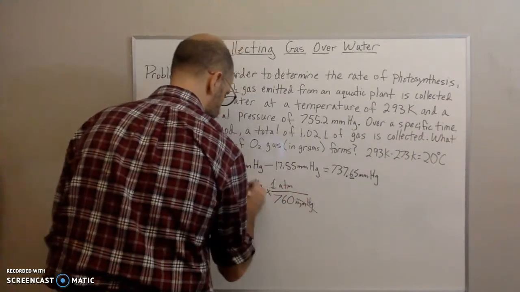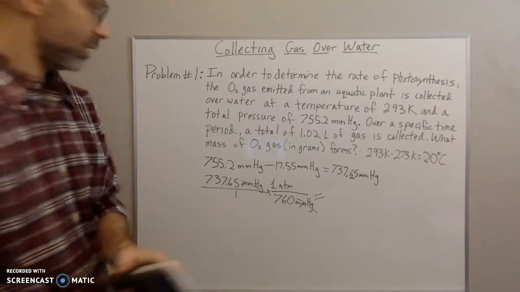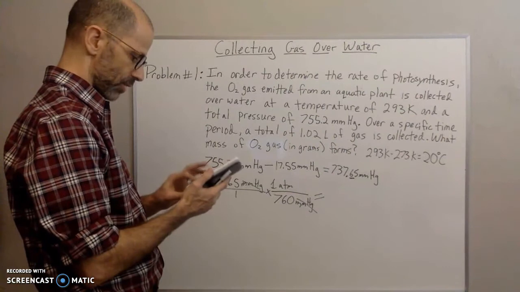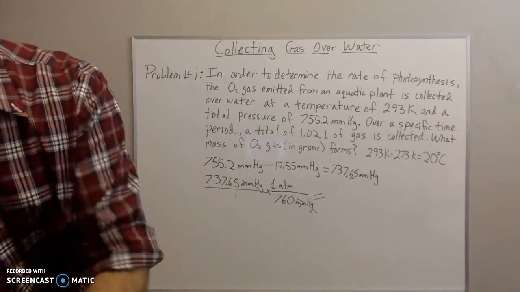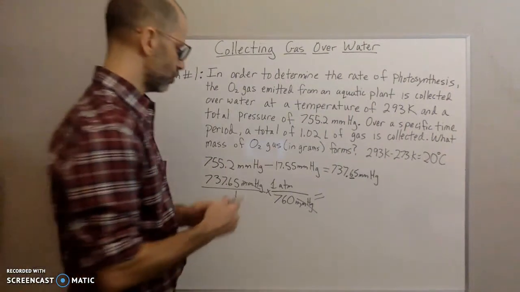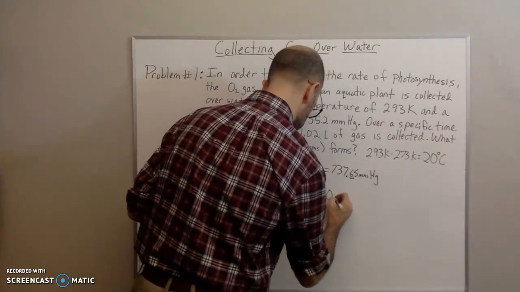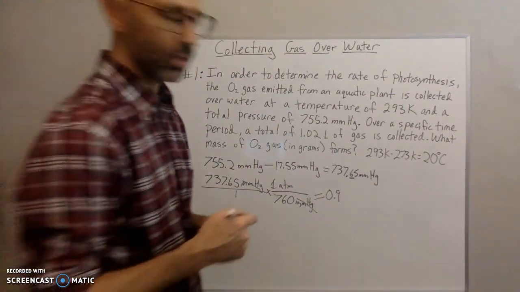The millimeters of mercury cancel out, and then I'll do my calculation. Divided by 760 equals, so we get 0.97059.